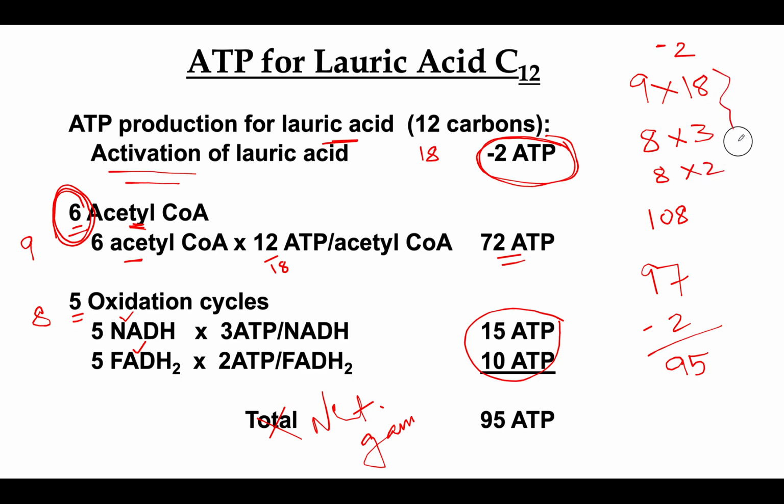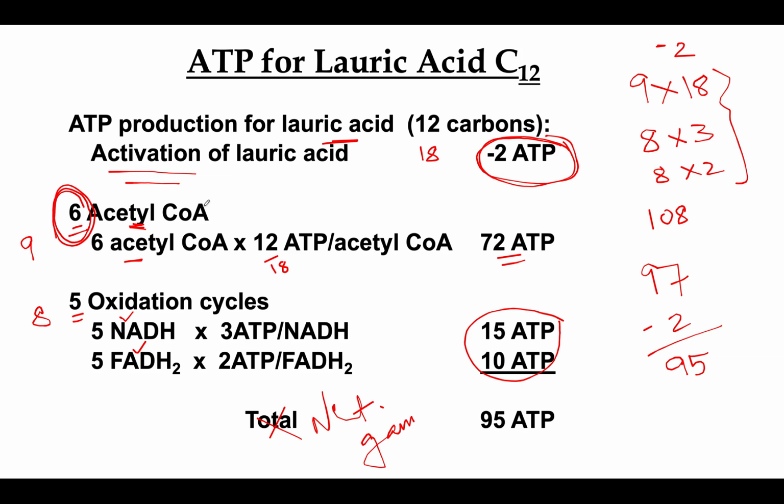You need to add all this up and subtract 2 from it, and you will get the net gain of ATP for an 18 carbon containing fatty acid. Of course, the total number will be without subtracting the high energy phosphate bonds that I have used in the process of activation.